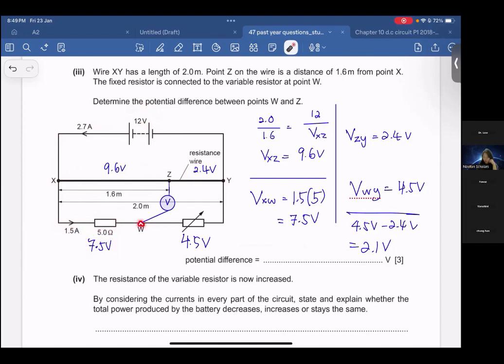Then it will leave 4.5 volt for this part. So if you use 4.5 minus 2.4, you get 2.1 volt. Then if you say, teacher, can I use 9.6 minus 7.5, you will still get 2.1 volt. So final answer, what is the difference between these 2 points? It is 2.1 volt. Is that clear?